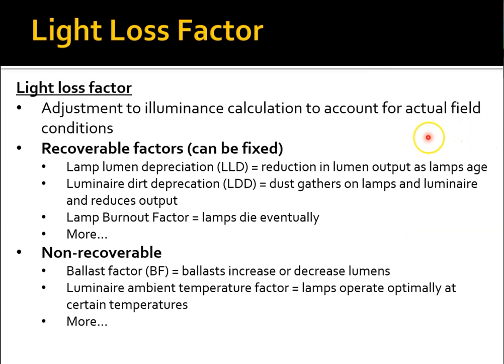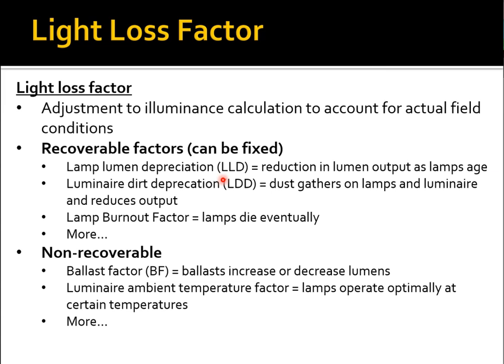Light loss factor is an adjustment to the luminance based on what's actually going on in the field. There are certain things that reduce how much light actually hits your working surface. There's something called lamp lumen depreciation, or LLD. That is, over time, lamps put out less light.